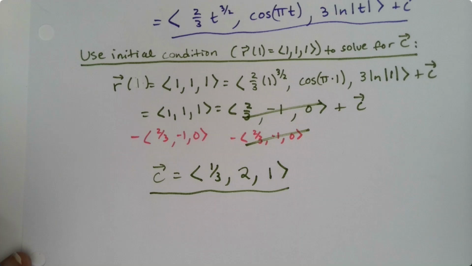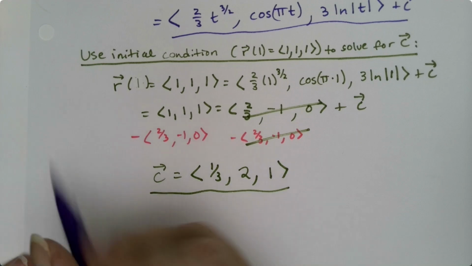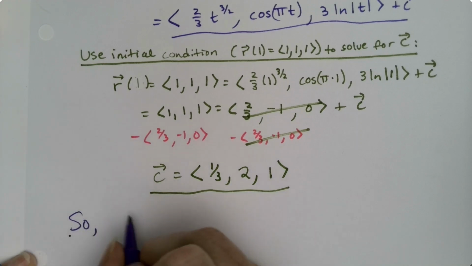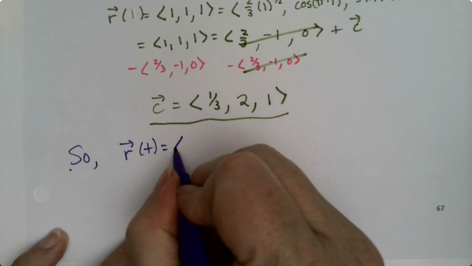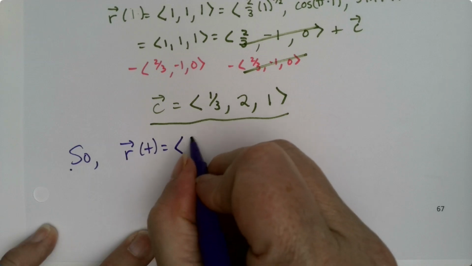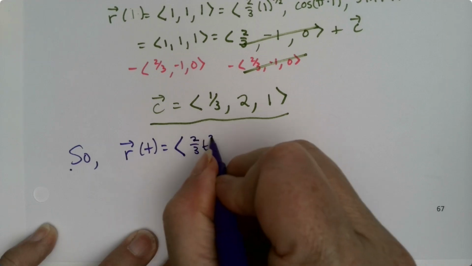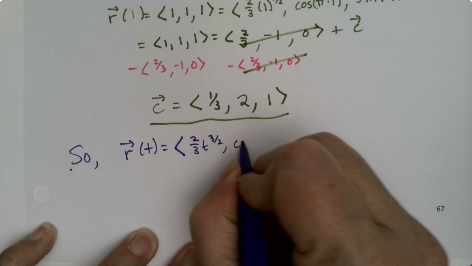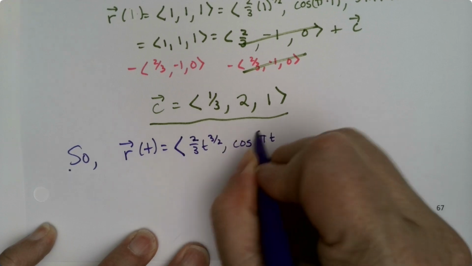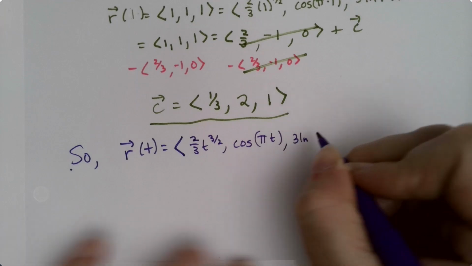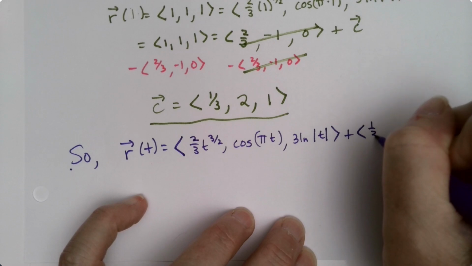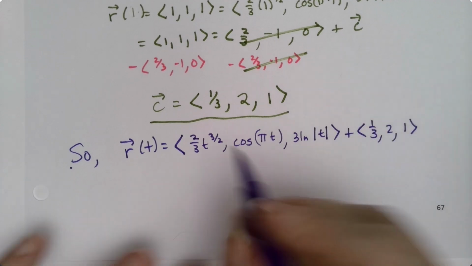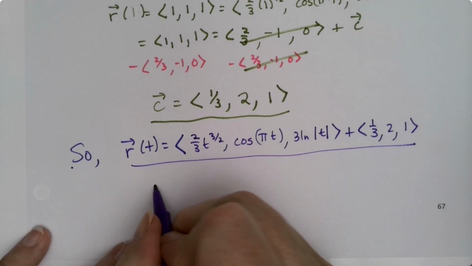So I can put this all together and say that r of t is equal to 2/3 t to the 3 halves, cosine of pi t, 3 natural log absolute value of t, plus 1/3, 2, 1. That's kind of awkward.